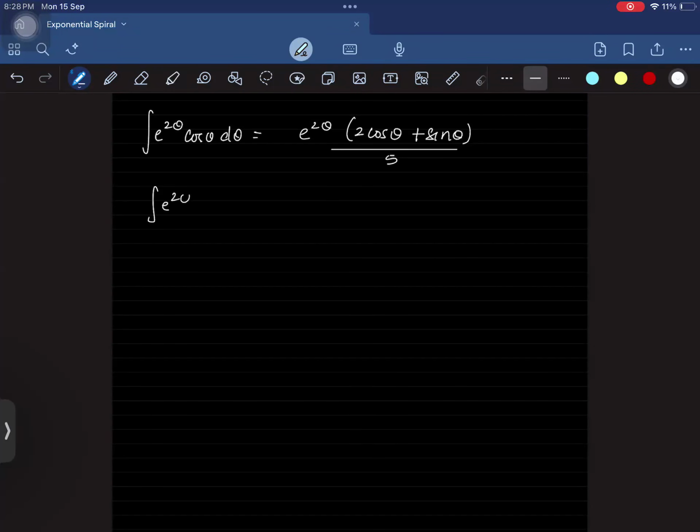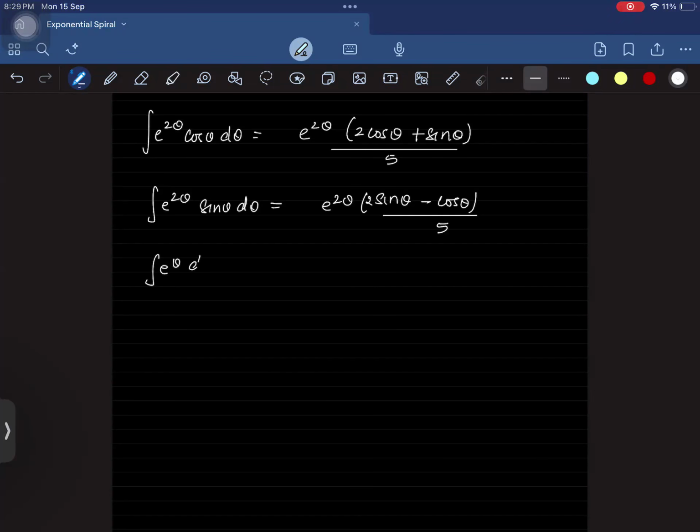Now what do we need further here? We will require a set of standard results. Those standard results are: the integral of e to the power 2 theta cos theta d theta is equal to e to the power 2 theta (2 cos theta plus sin theta) by 5; the integral of e to the power 2 theta sin theta d theta is equal to e to the power 2 theta (2 sin theta minus cos theta) by 5.